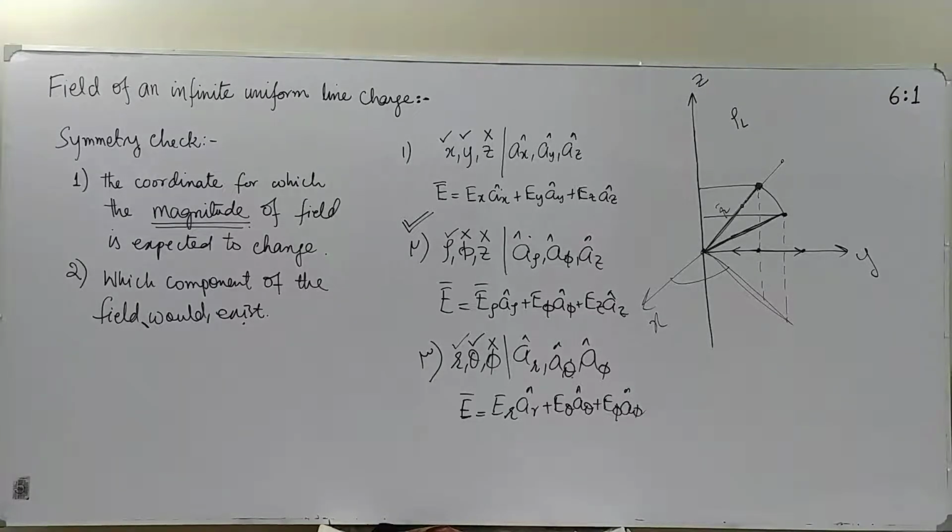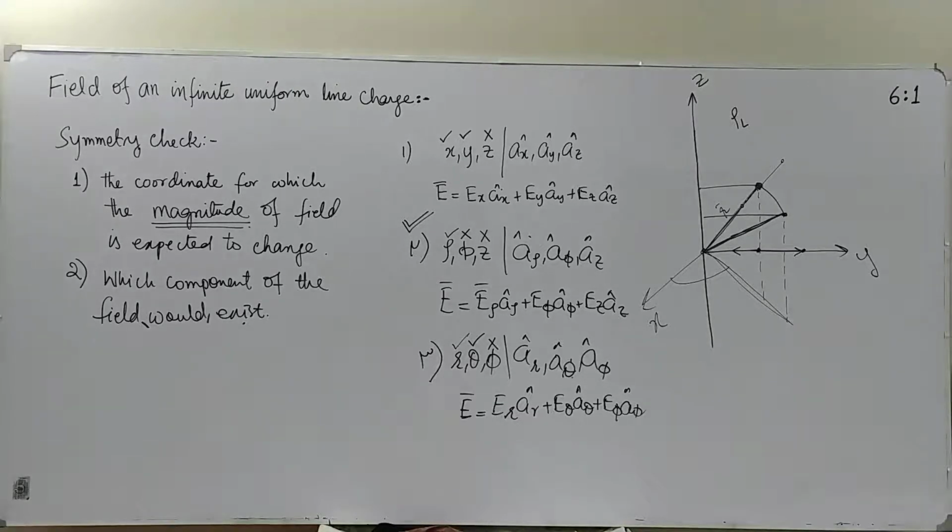Clause number 1 was that we should look for the coordinate on which the magnitude of the field is expected to change. We took an infinite uniform line charge which was described by its line charge density, and we put that line charge on the z-axis and tried to figure out, if we work in a Cartesian coordinate system and change x and y and z, which coordinates would affect the magnitude of the electric field.